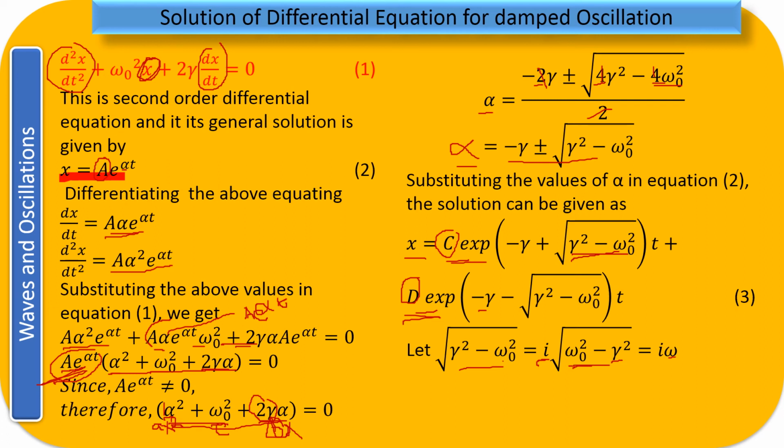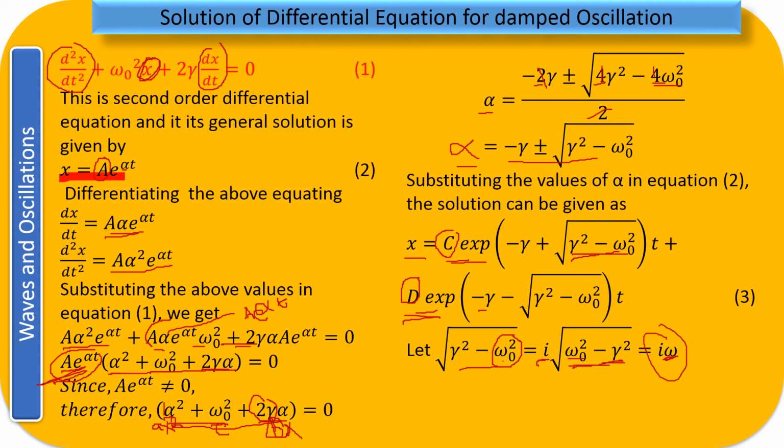Omega is your resultant angular frequency, right? Omega naught is your natural frequency, as you had seen. Now omega naught square minus gamma square is your changed frequency, and that I am calling omega, right? So gamma square minus omega naught square is equal to I omega.